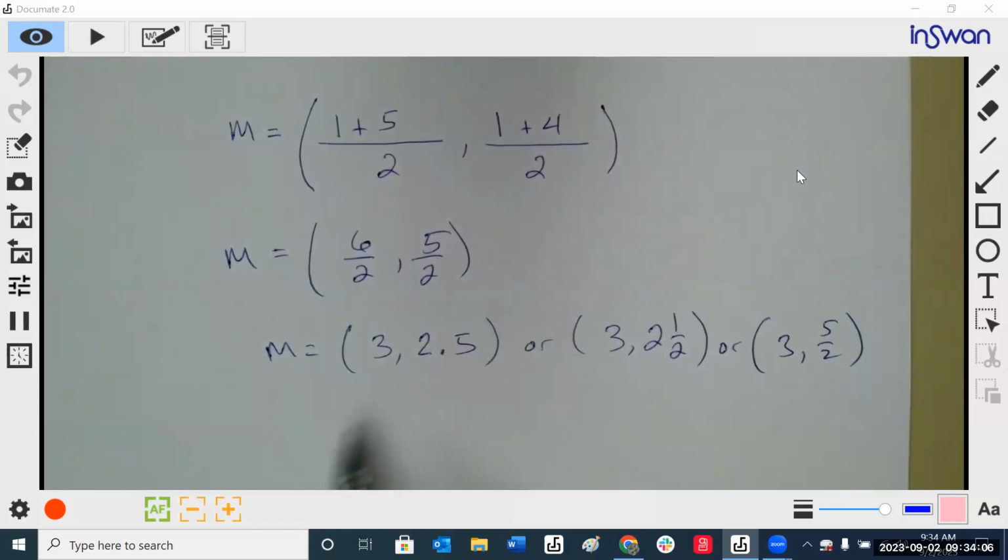This is the first time you can start using decimals if you want. Pretty good.